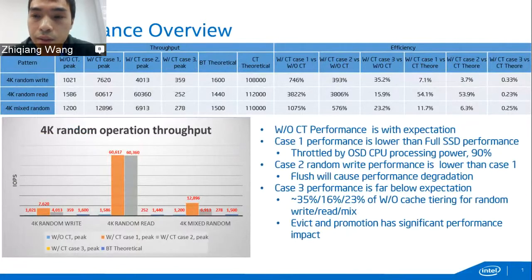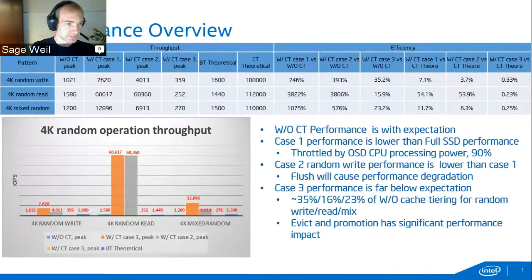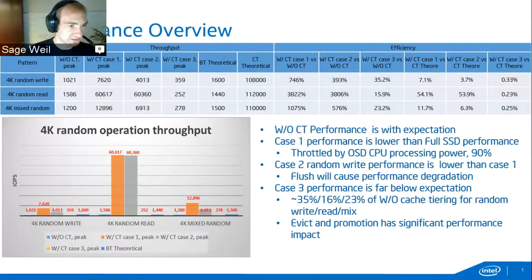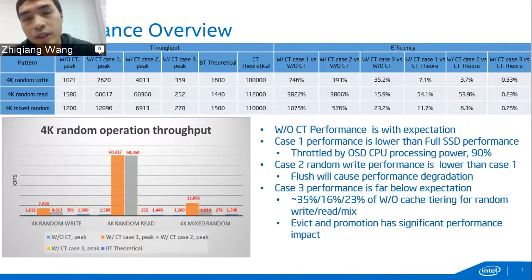Is this like uniform random reads across the full data set? Yeah, 4K random read. Because that's always going to be slower because you're thrashing, you're promoting and demoting stuff because your cache is too small. No, cache is not too small. This is the case where the cache is big enough.